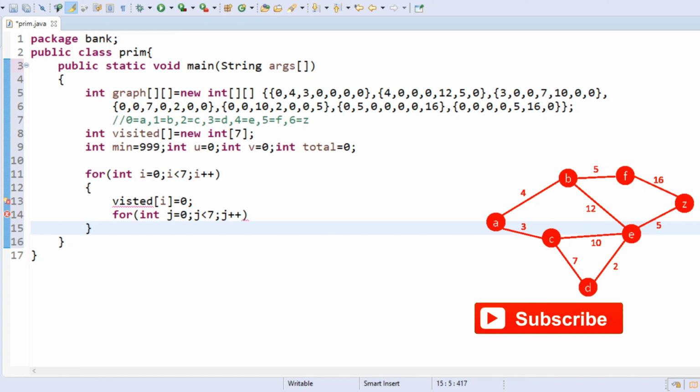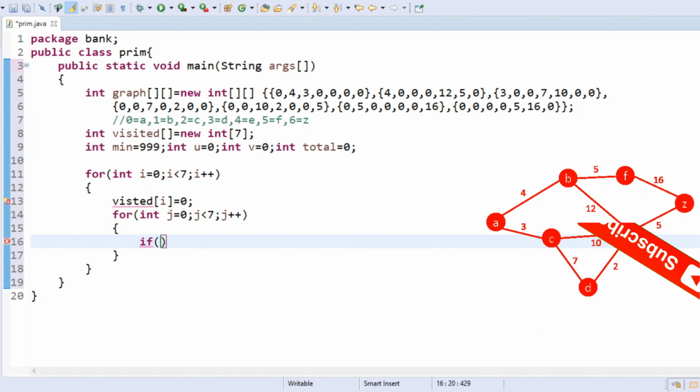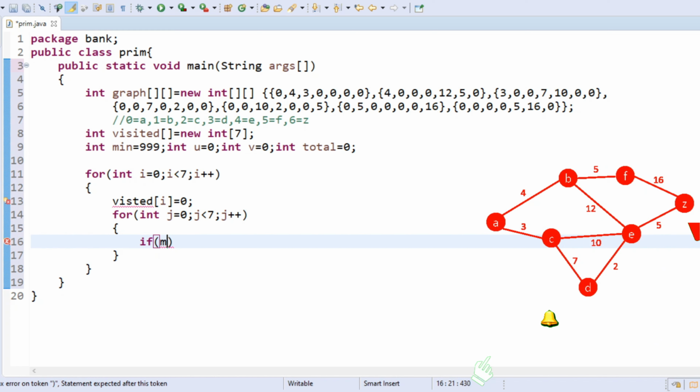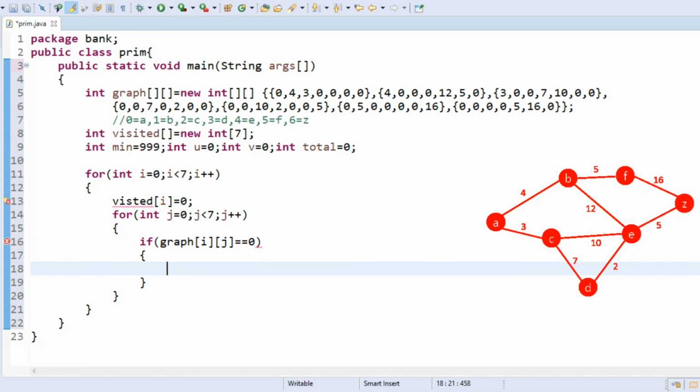So here I take another for loop. In that for loop I am going to take the matrix, sorry, the graph. If graph of i and j is double equals 0, that means there is no element in that graph, no edge between those nodes.